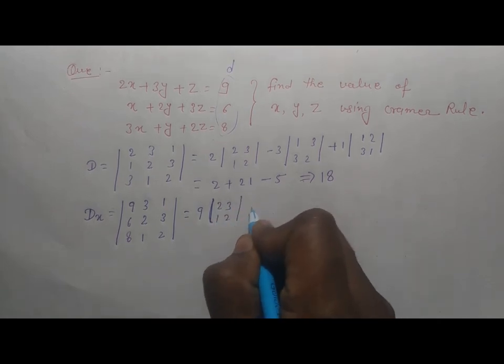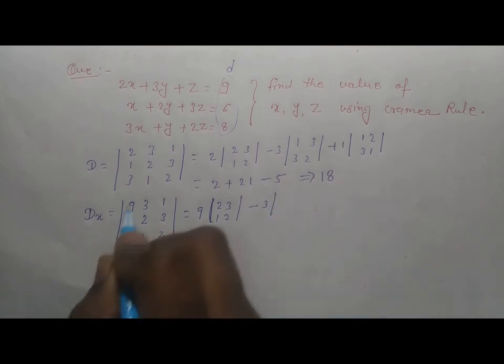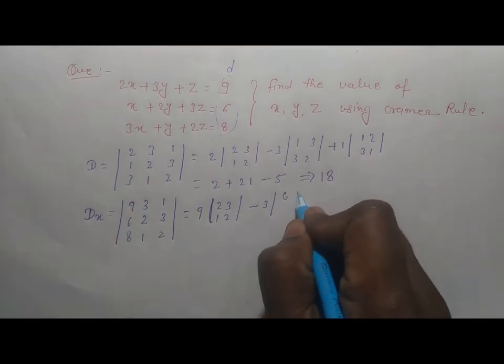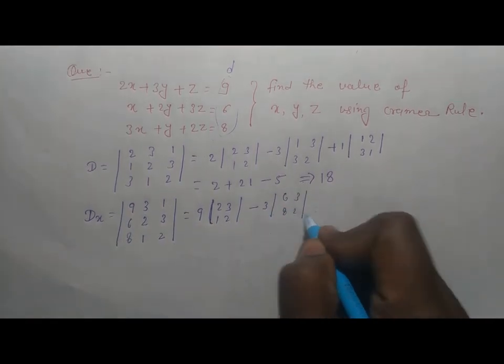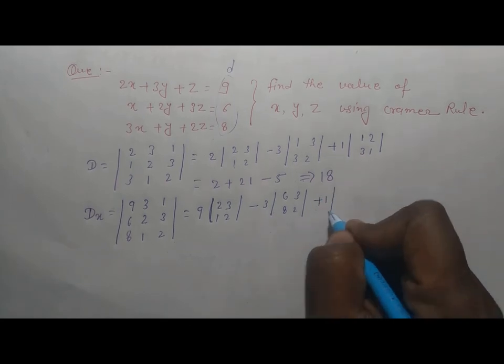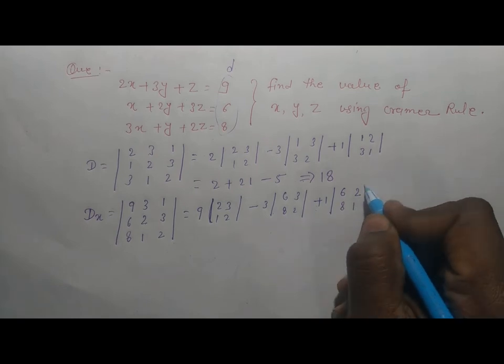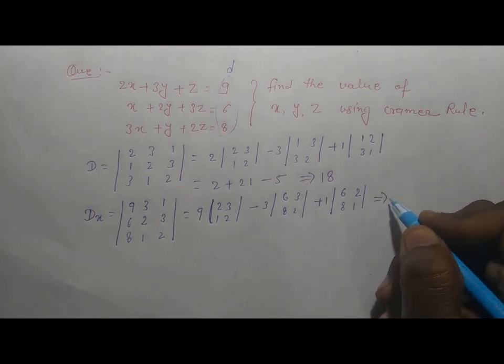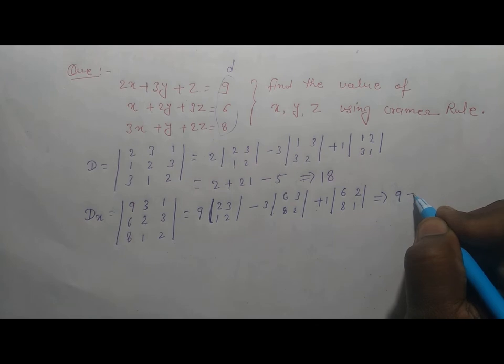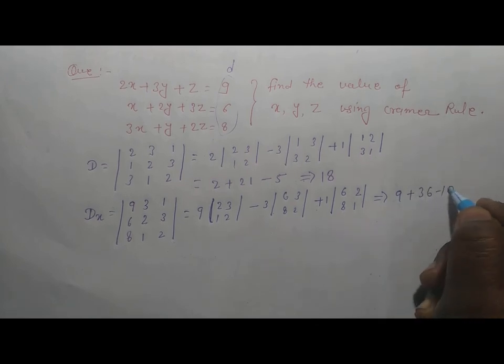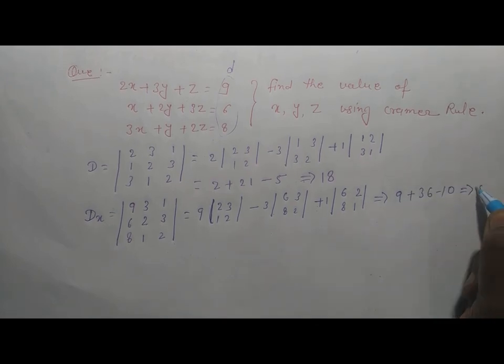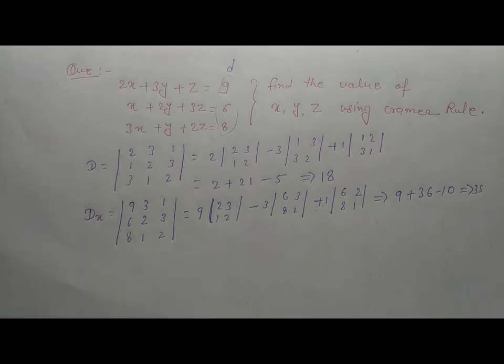Take the second element, eliminate the first row and the second column, and the remaining elements are 6, 3 and 8, 2. Take the third element, eliminate the first row and the third column, and the remaining elements are 6, 2 and 8, 1. Then cross multiply and the value is 9 plus 36 minus 10, the value is 35.